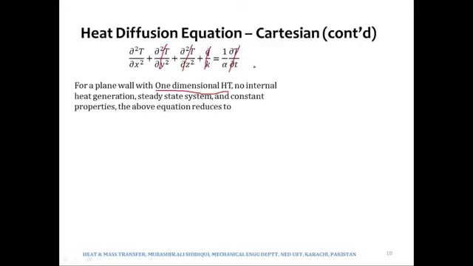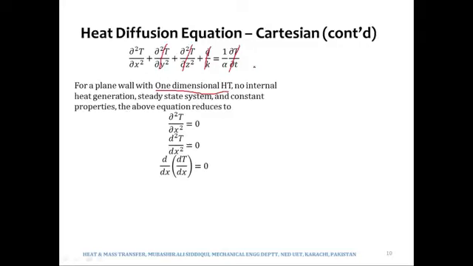We will be left with the second derivative of T with x as 0. And we can replace dou with d, because temperature is a function of x only, not of y, not of z, and not of time. So this may be written as d by dx of dT by dx is 0. The second differential of temperature with x is 0.